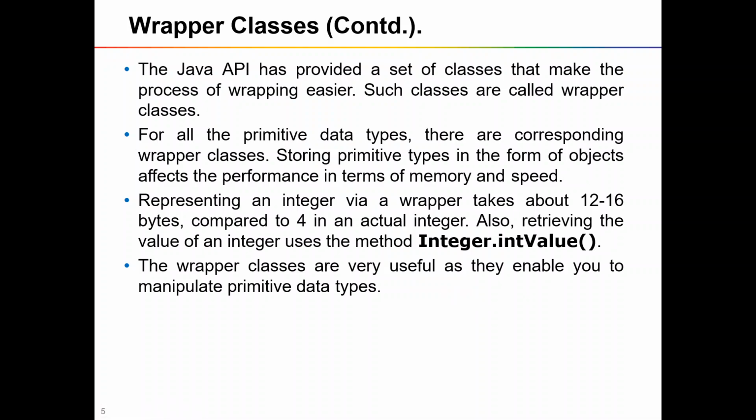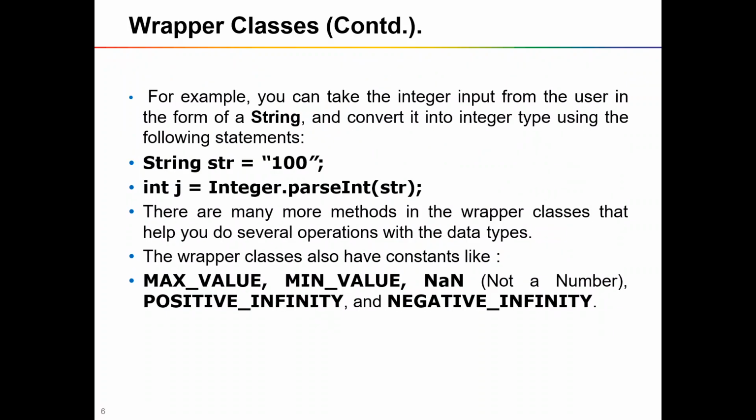Moreover, in wrapper class types we have a lot of predefined methods which allow you to manipulate your primitive data types. For example, if you have a number in string format, for example String str = "100", and you want to convert that into an integer type, there is a method parseInt. The parseInt method is part of the Integer class, and Integer is a wrapper class in Java.